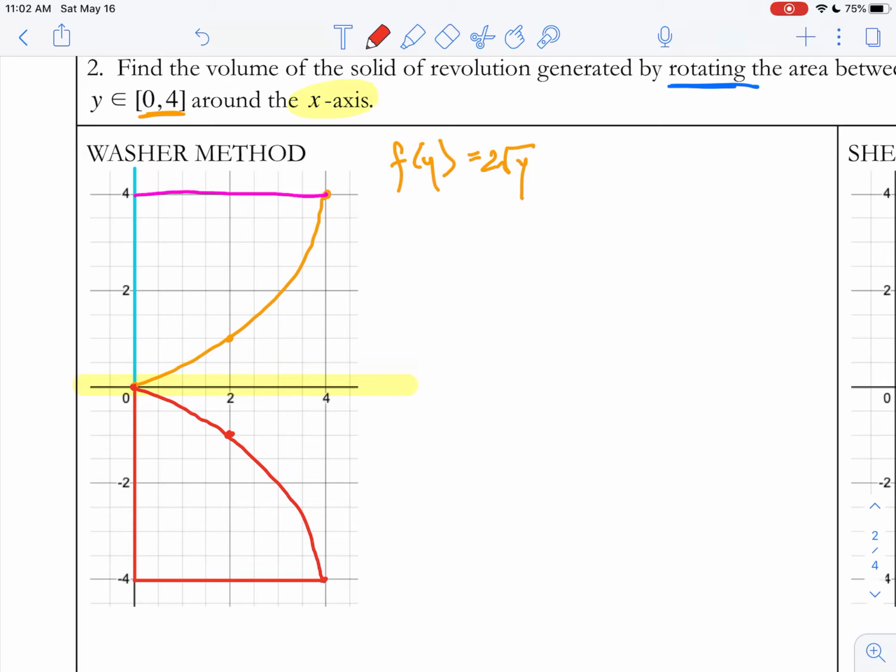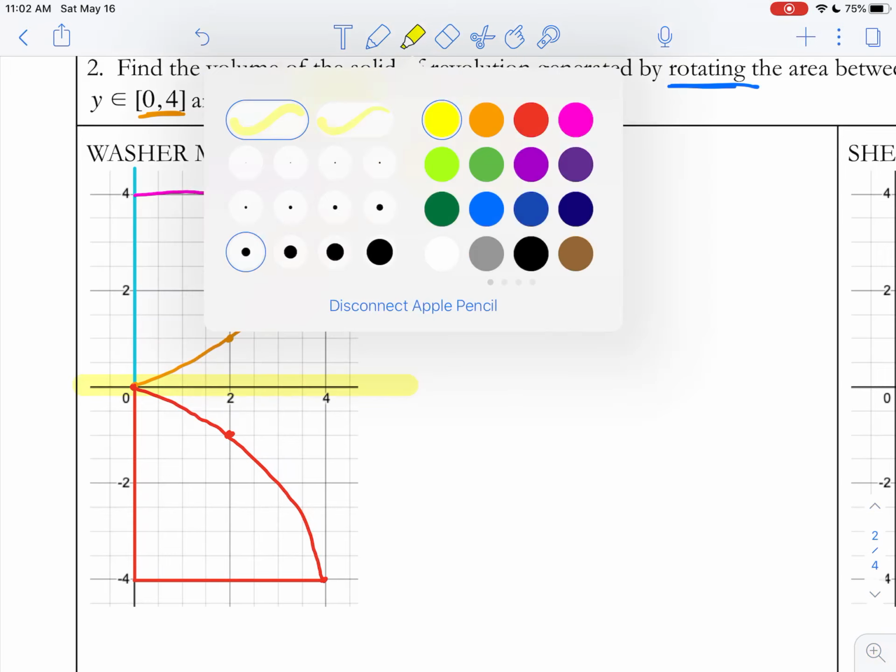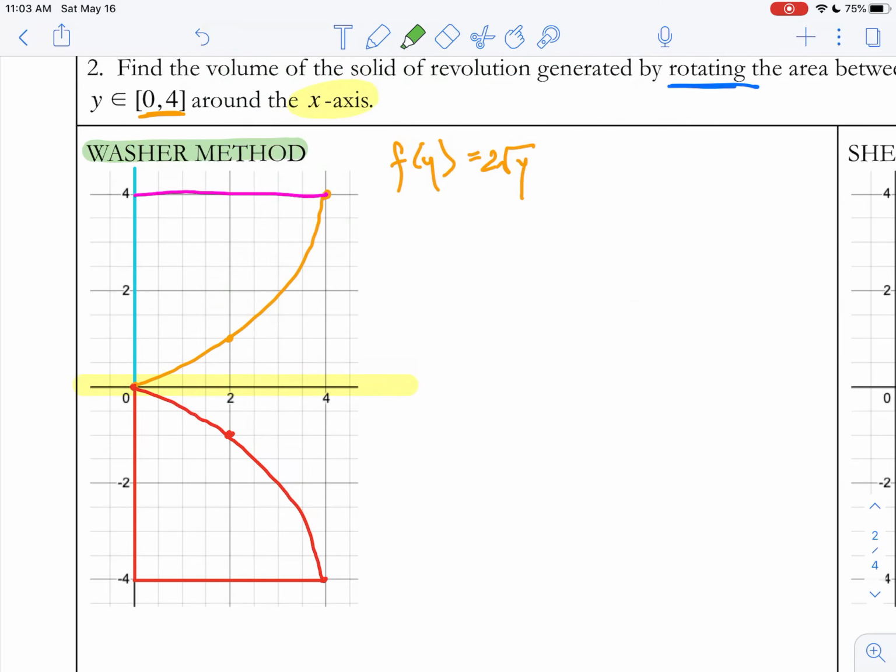Okay. Now, if we're using washer method, what we're saying is our slices are circles or washers, and they are going to be perpendicular to the axis of revolution.